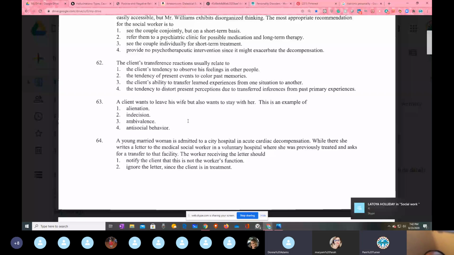Okay. It is definitely his issue with being able to, okay, I'm distorting my perceptions because of past experiences, and that's the key to transference. You remind me of someone in the past. You remind me of someone that I used to know. Whether I like them or not, you're bringing up some history there. Okay, good, good, good, guys.